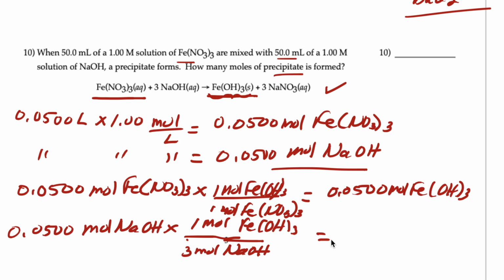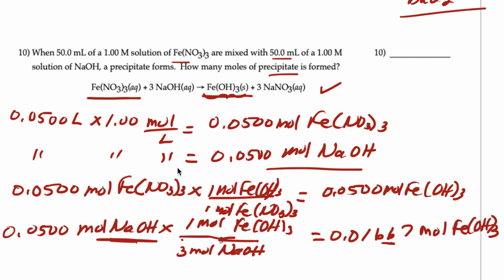So 0.05 divided by 3 gives us 0.01667 moles of iron 3 hydroxide.